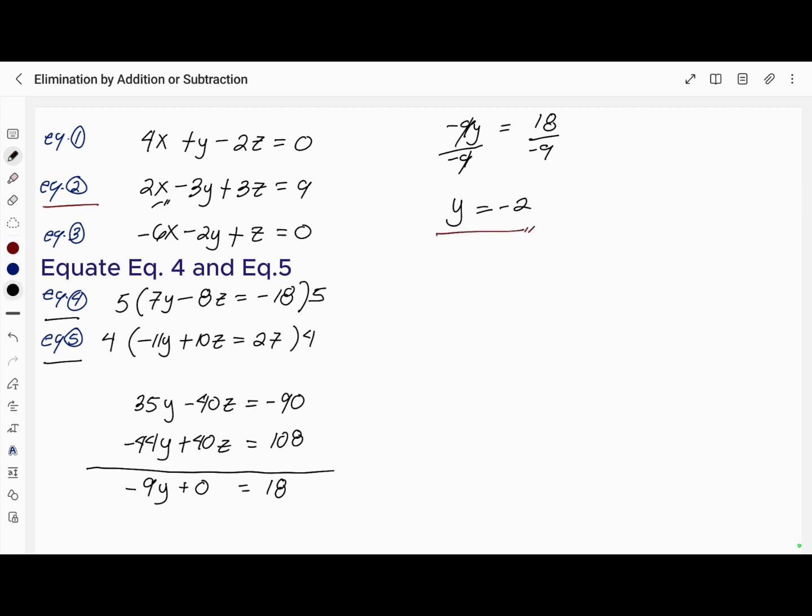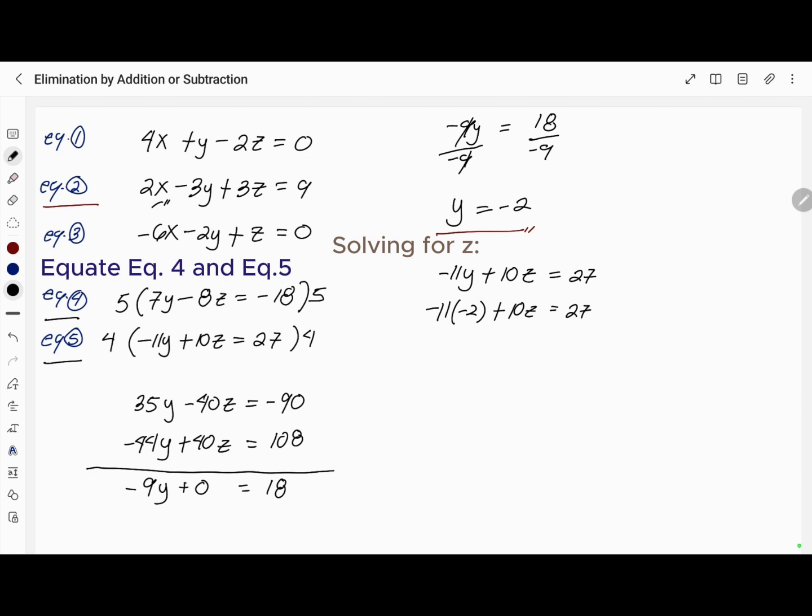Next, let's solve for the variable z. Let's say we choose equation 5. Equation 5, we have negative 11y plus 10z equals 27. Then substitute the value of y. Negative 11 times negative 2 plus 10z equals 27.